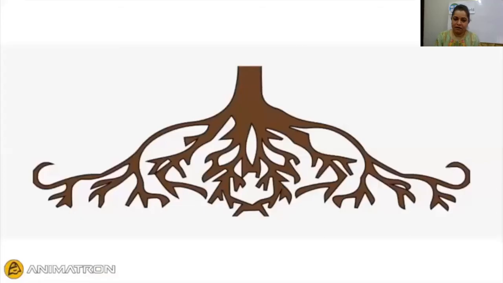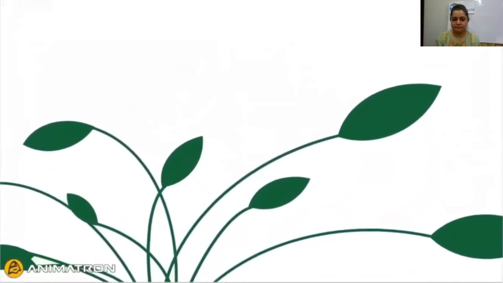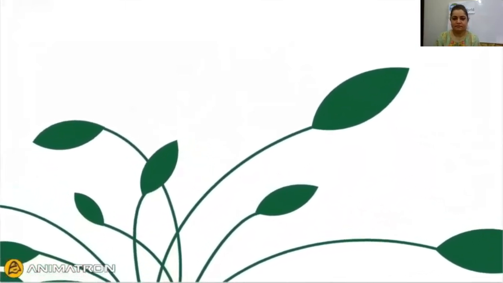Now is the time to put water in them. When you feed water, the roots of the plantation become strong and they grow under the soil. Its stems grow over the soil.